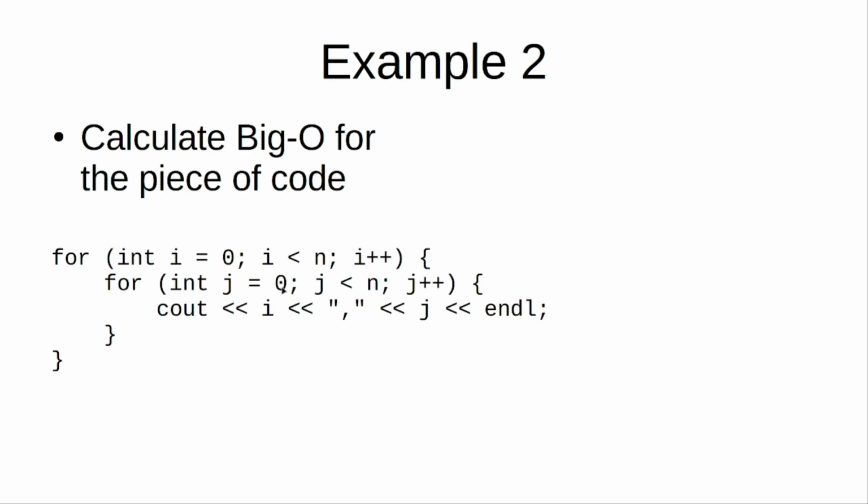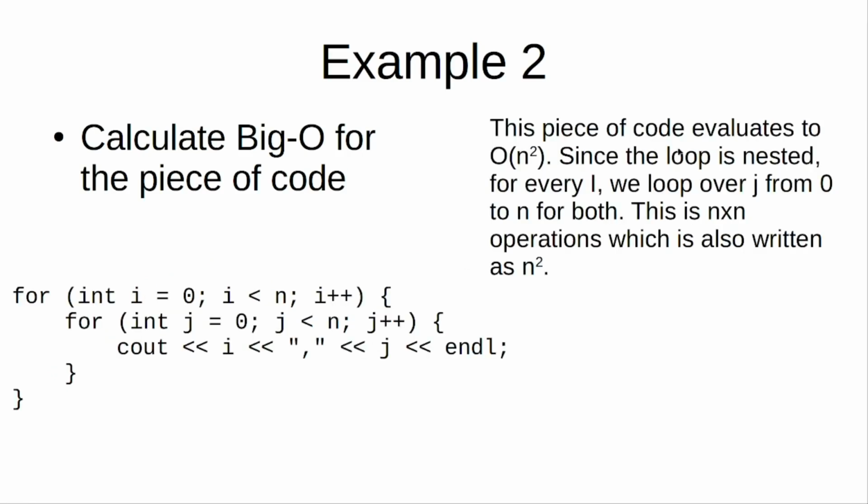So I want you to look carefully here as well. Notice that i and j are independent. Int i starts from 0 and j starts from 0. They both go to n. They are independent of each other. They're both simply going to n. That is important. So this piece of code evaluates to big O of n squared.